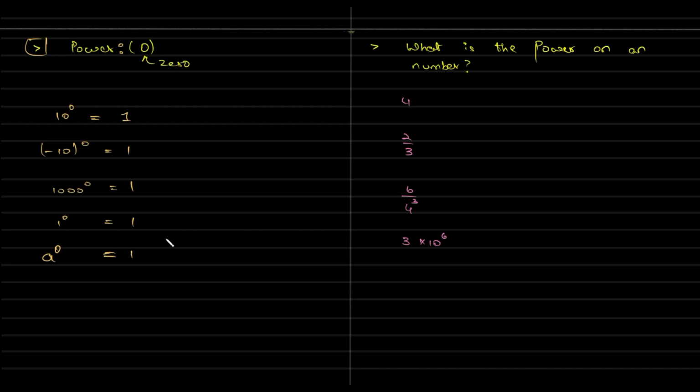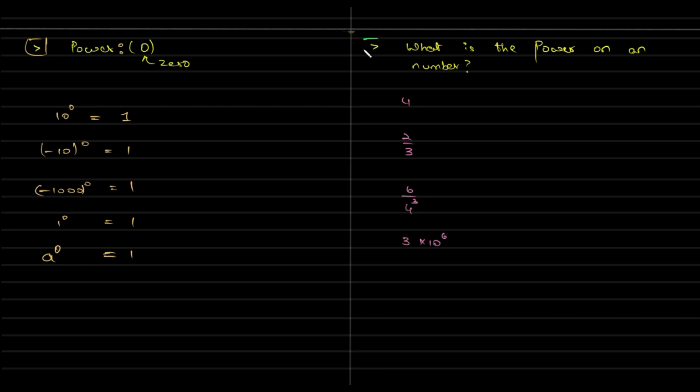So it's undefined as per Western mathematics. But yes, any other number, either positive or negative, will result in 1 when it's raised to the power of 0. Okay, this you need to remember.